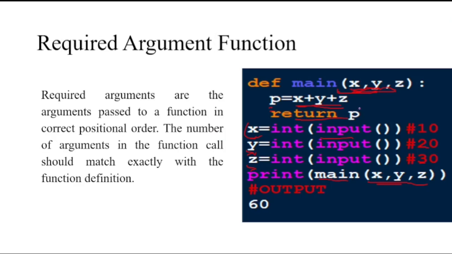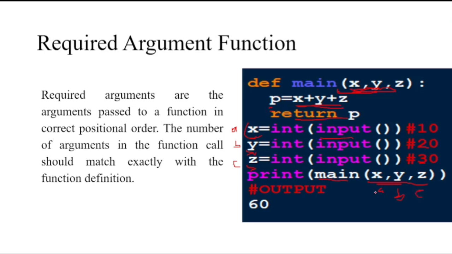But again, you need to understand, in the function call, you need to pass this actual number of arguments as in the function definition, right? So this must not be x, y, and z. You can have a, b, and c, and then here you pass a, b, and c.